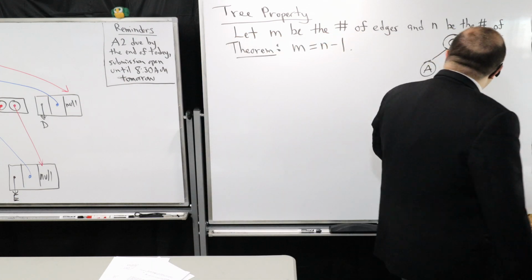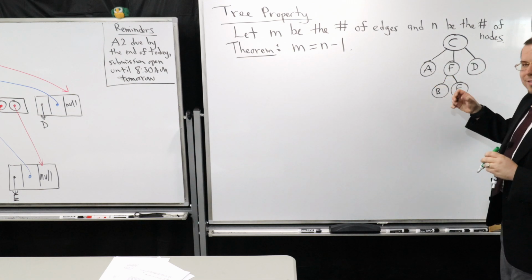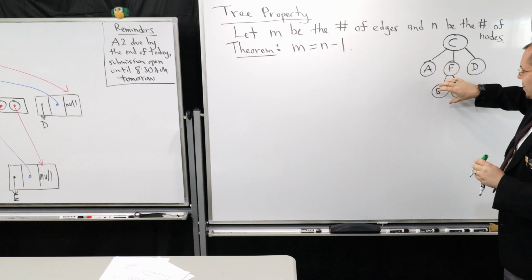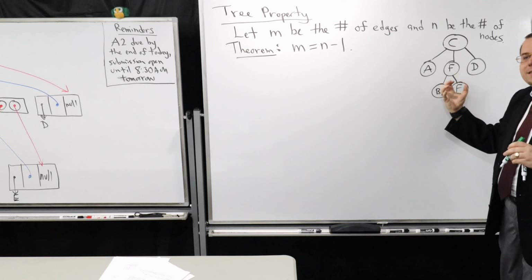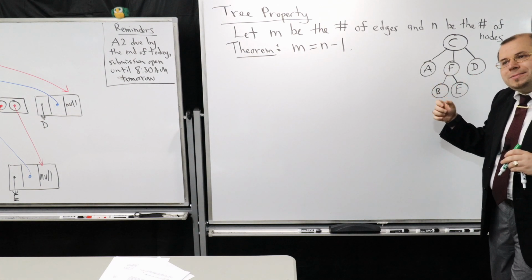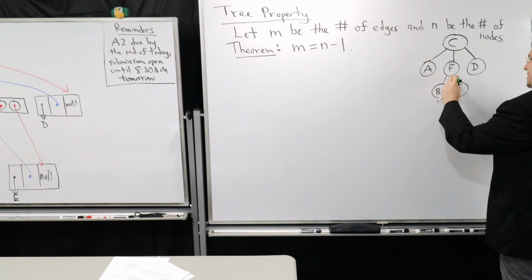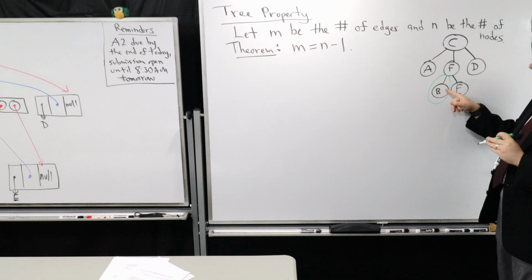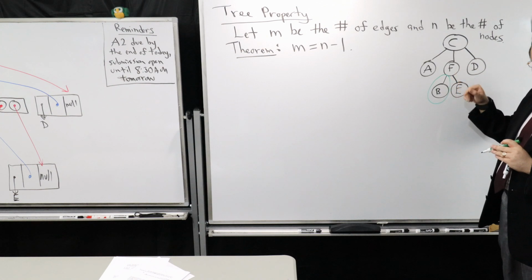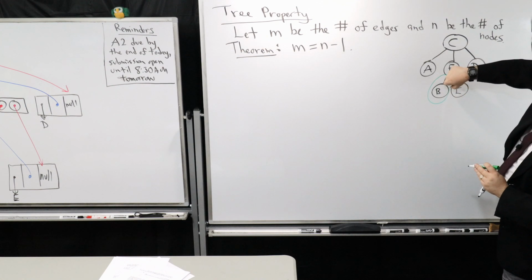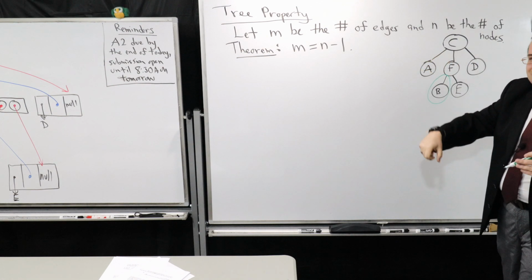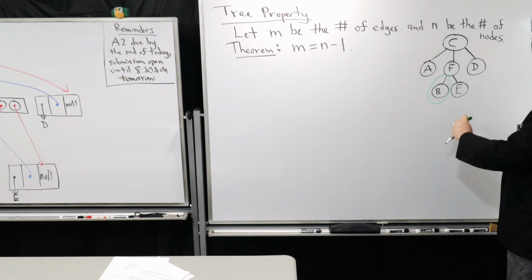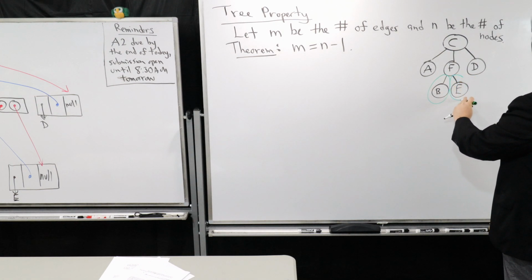So watch this. Imagine I take one of these nodes here and the edge that connects it, and I pair them together. You can imagine it almost like a lollipop or a sucker. For example, I'm going to pair B with the edge that follows to get to its parent. Imagine I grab one of these and there's my sucker. I'm going to do this for every one of the nodes.